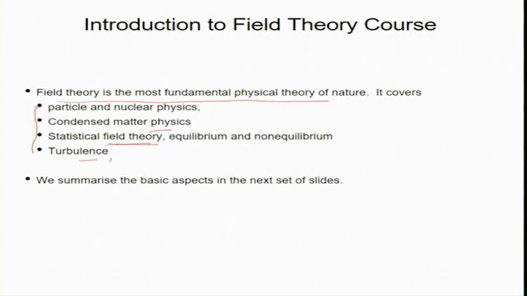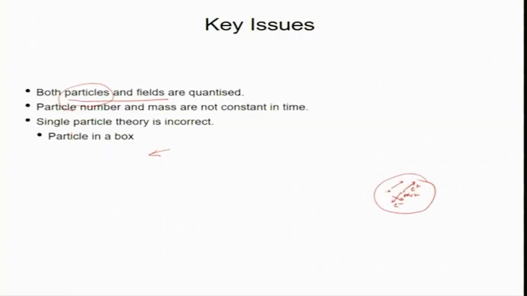So field theory is in fact a very beautiful theory, and it is the most fundamental theory, basically the fundamental theory for all parts of physics: particle, condensed matter physics, stat-mech. So the key issue is that particles and fields are quantized.